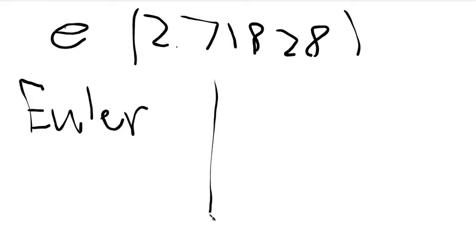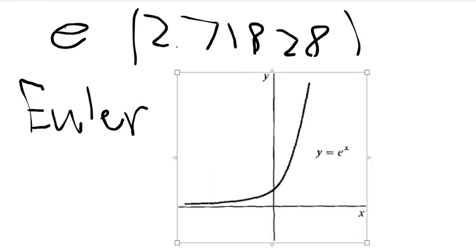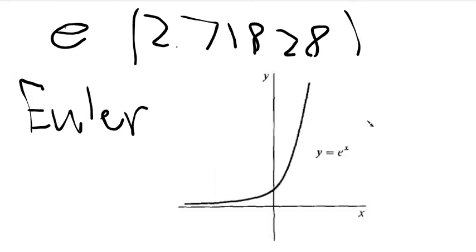So let's check the graph of e to the x. Again, same thing with the logarithms and exponentials. But let's say at point 1, it's going to be equal to e to the 1, which is e, this number.